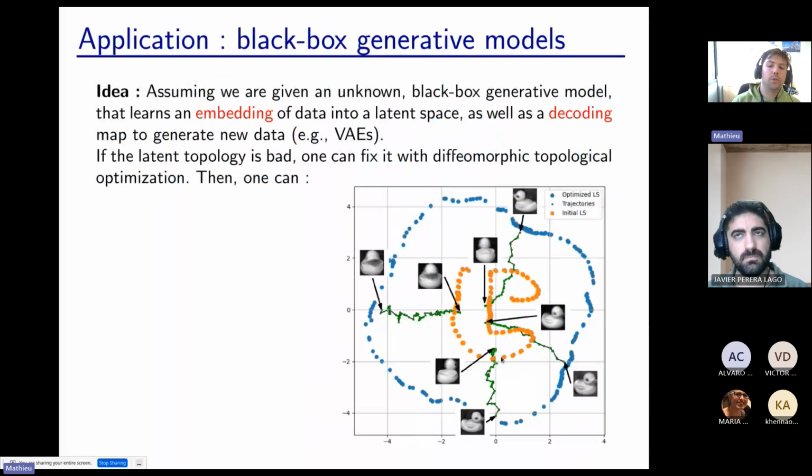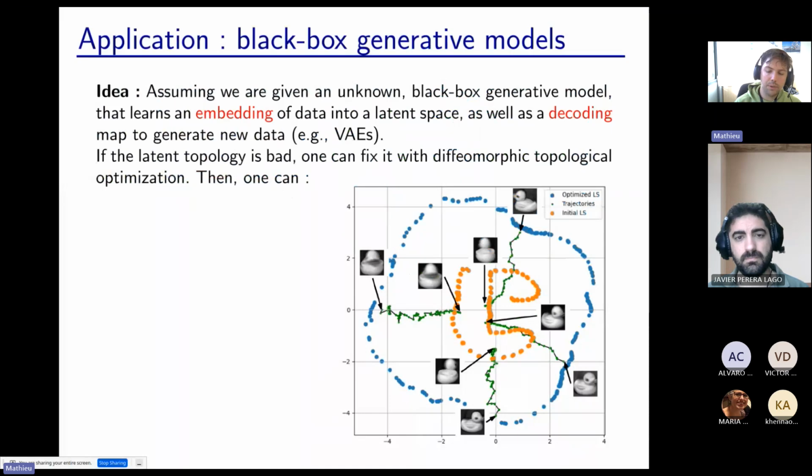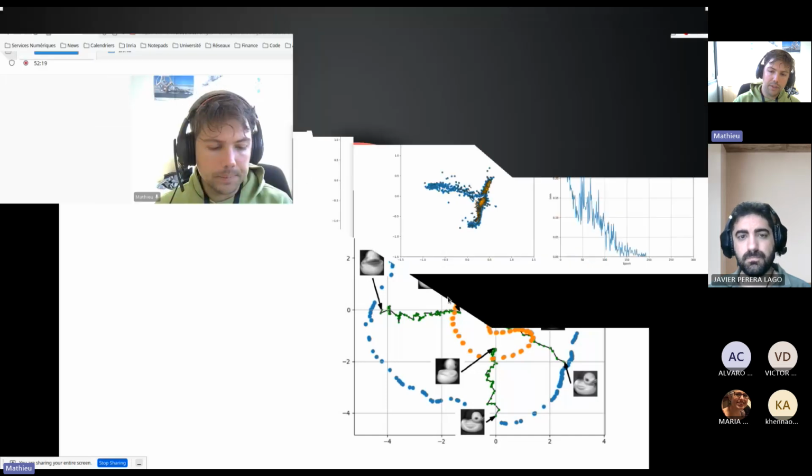So this is a way, if you want, to check that it's not satisfying. And then we corrected. Yeah. But in most of our experiments, we assumed that the data had to be circular, so this is a prior assumption, prior knowledge, just based on the data. Then we confirmed that the latent space, the original one, wasn't so great based on persistence again. And then we fixed it, the way I described.